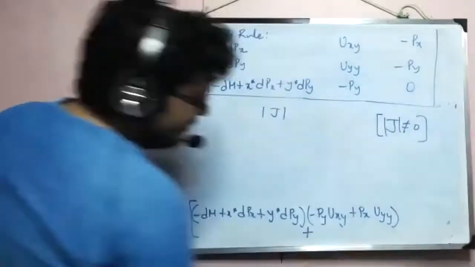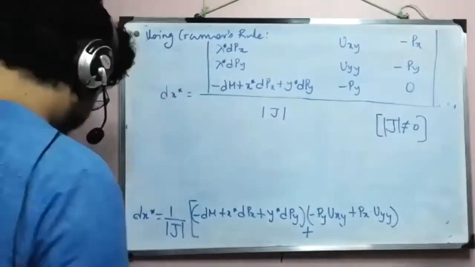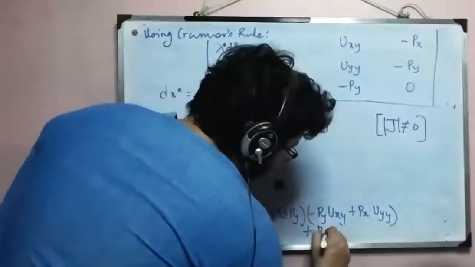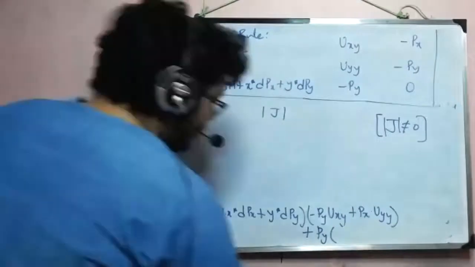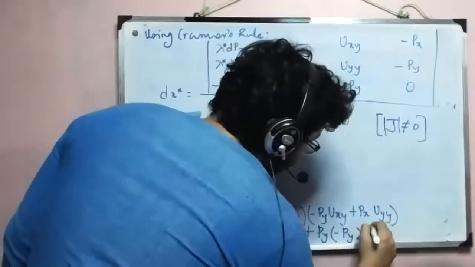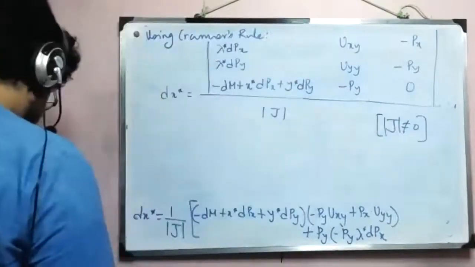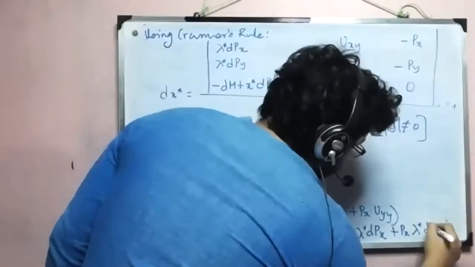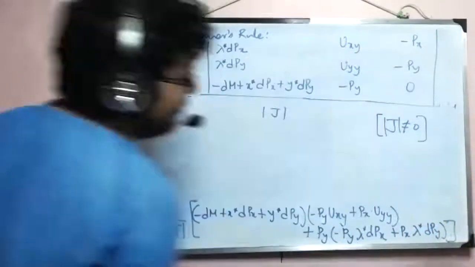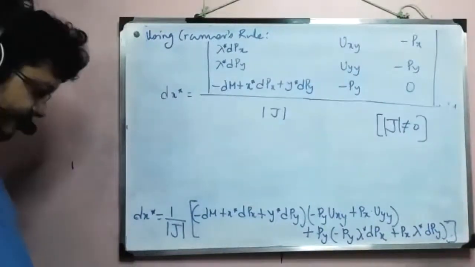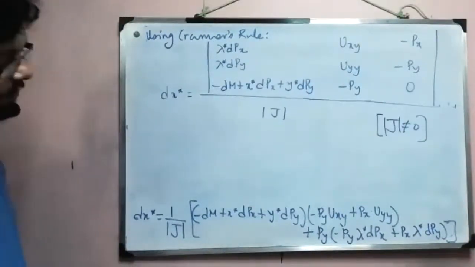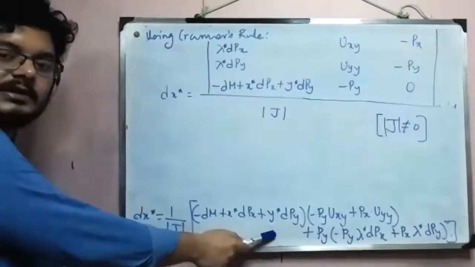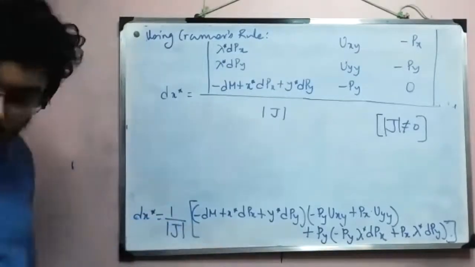Plus py into minus py lambda star dpx plus px lambda star dpy. Okay, so this is our dx star.